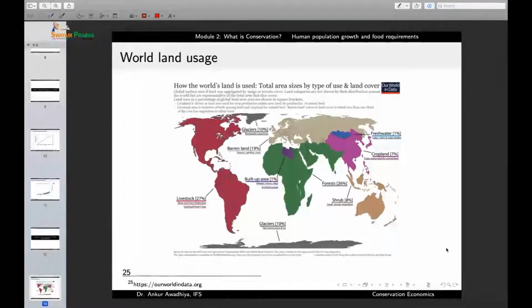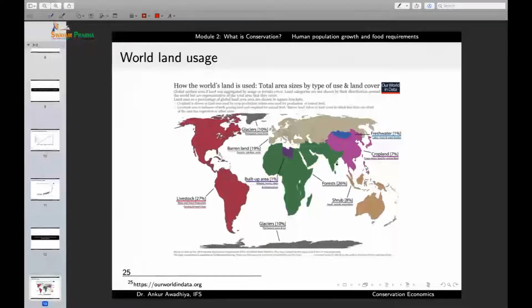And this is a depiction of the current land use in terms of countries that, if were completely put into that particular land use, would represent roughly the land use situation in the world. So, if you put the whole of North America and South America into livestock production, that is roughly the amount of land that we are using for livestock. 27% of the land in the world is being used for livestock production.